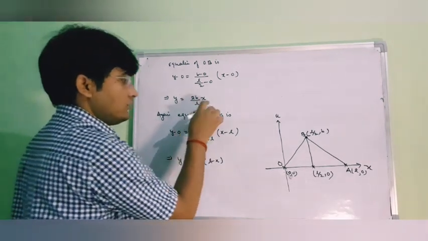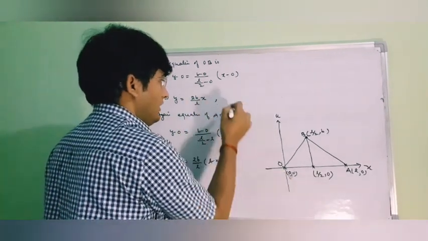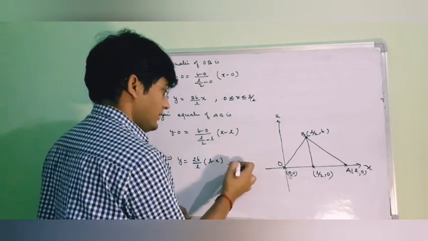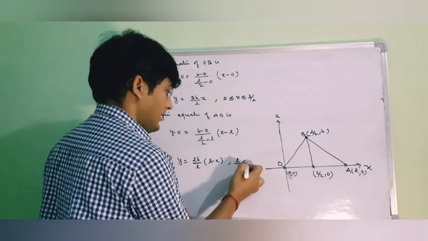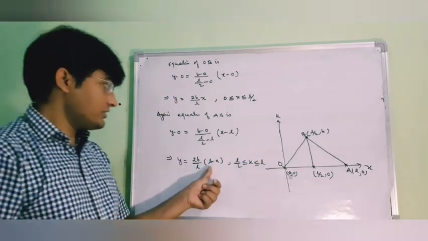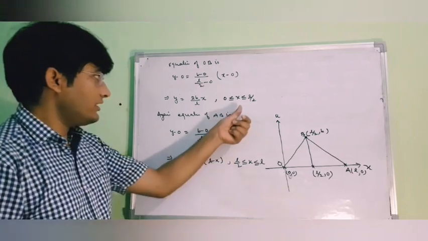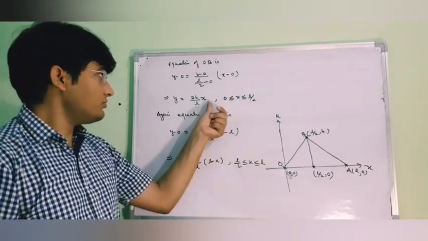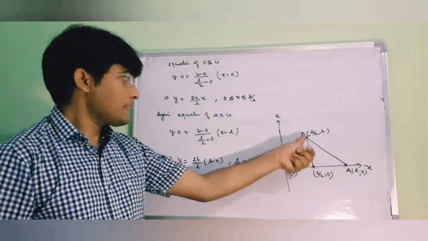This is when your x lies between 0 and L by 2, and this is when your x lies between L by 2 and L. So at x equal to L, my y will be 0, at x equal to 0, my y is 0, and at x equal to L by 2, my y will be B.